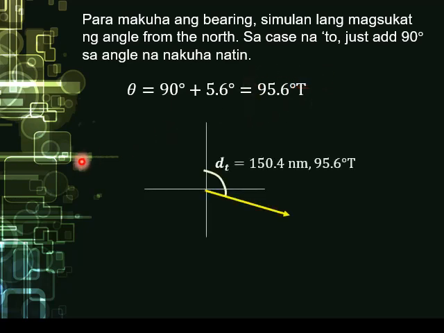Bakit ganon? Kasi remember, ito kanina yung 5.6, pero since galing ka sa north, ito is equal to 90 degrees. Kaya yun na yung magiging bearing niya. So this now will be your final answer. dt is equal to 150.4 nautical miles, 95.6 degrees true north.